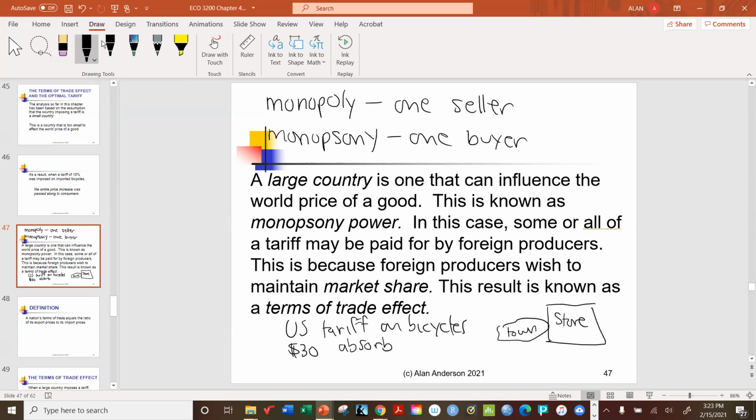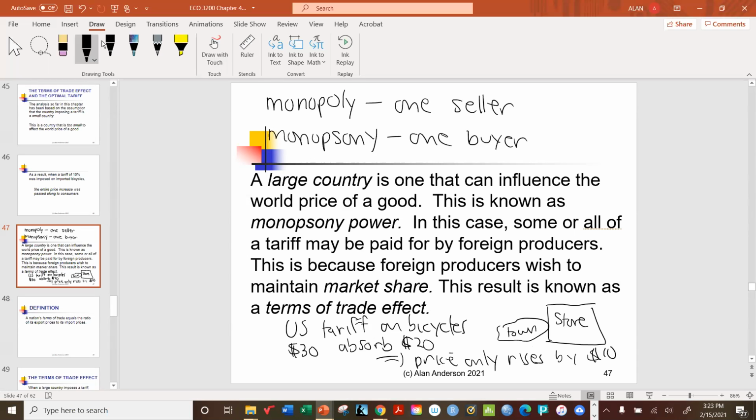So let's say that they absorb $20 of this tariff, and therefore the price only rises by $10. So now some of this tariff money is actually coming out of the pockets of foreign producers. And it will also have a less disruptive effect on the domestic consumer because the price is only going up by $10.